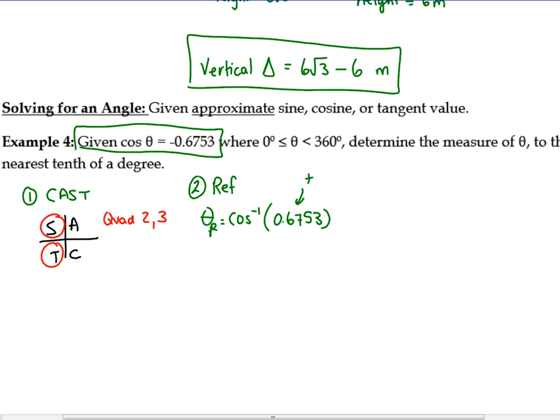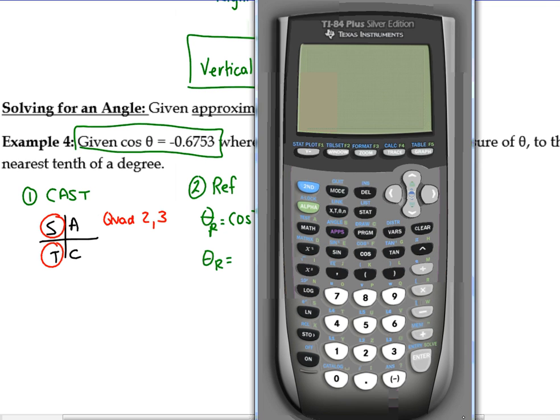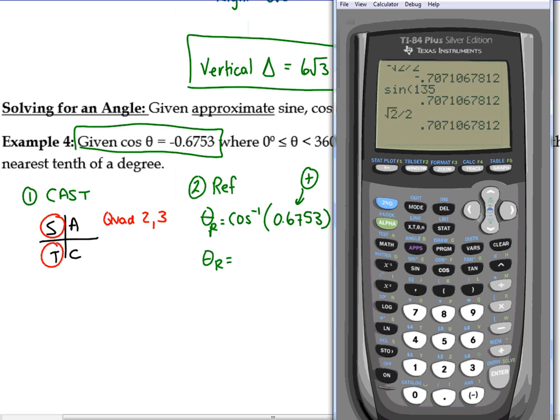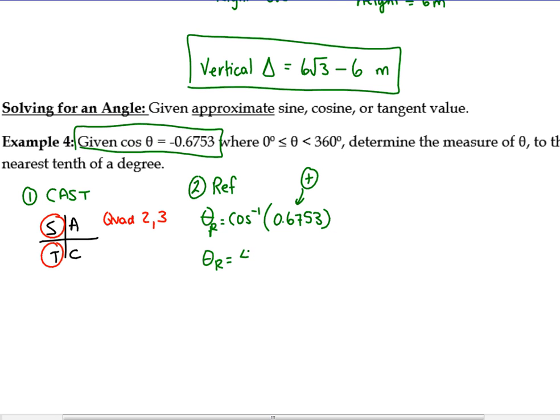Make sure you're putting in the positive here, because we want the reference angle, the acute angle. We don't want the first solution. So we grab our calculators, second cos, 0.6753. To the nearest tenth of a degree it is 47.5.